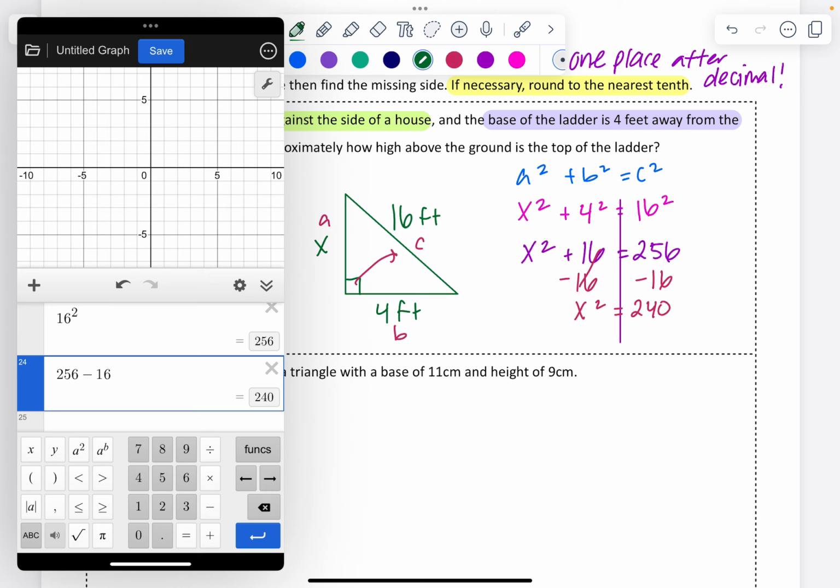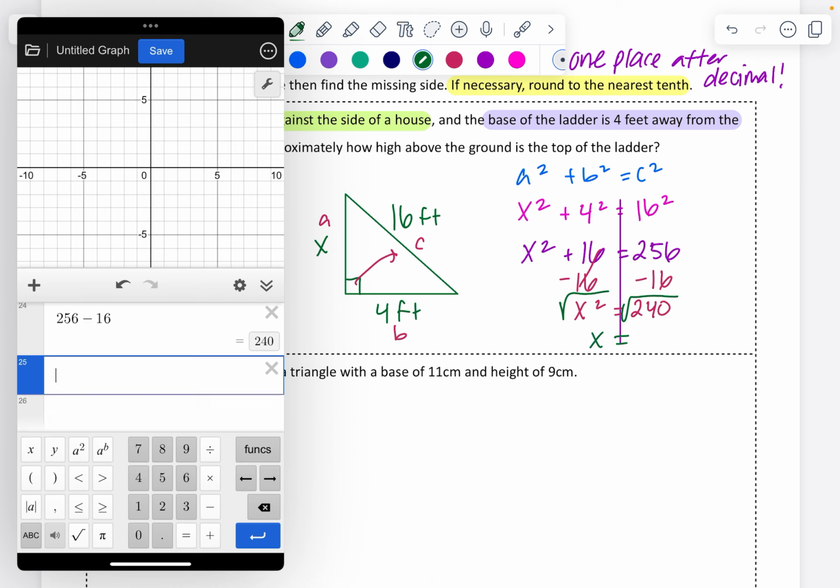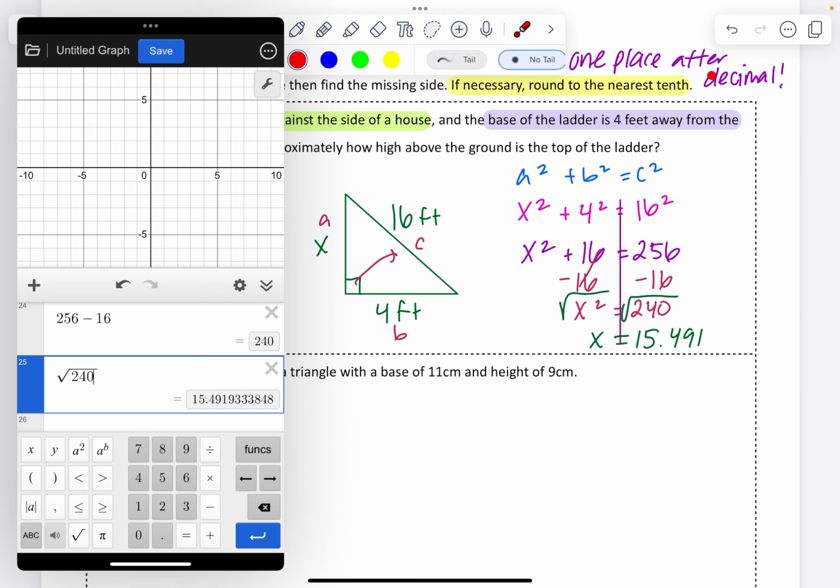And then just like we did on the other ones, to get rid of this X squared, I have to take the square root of both sides. So this becomes X. And I'm going to plug in the square root of 240 in my calculator. I get 15.491. It's asking us to round to the nearest tenth, so one place after the decimal.